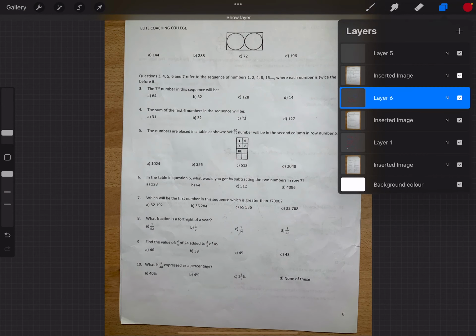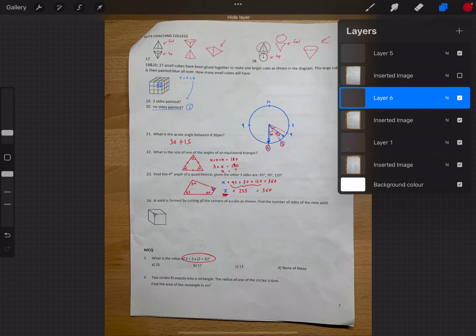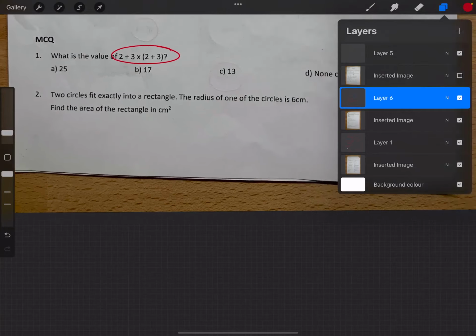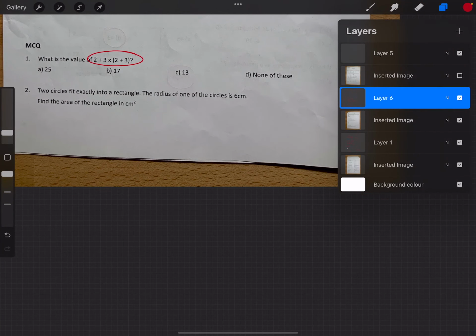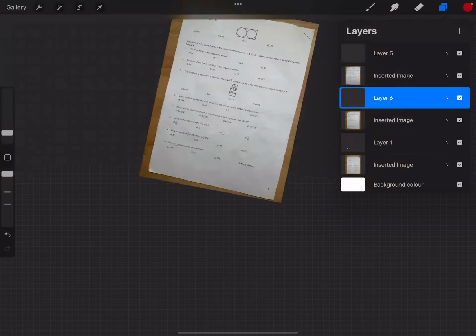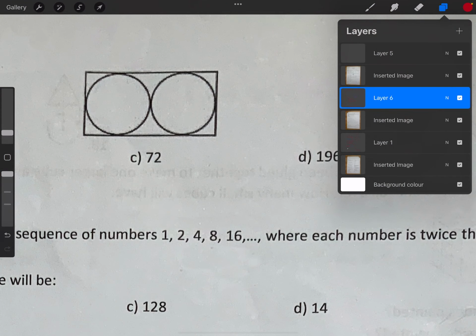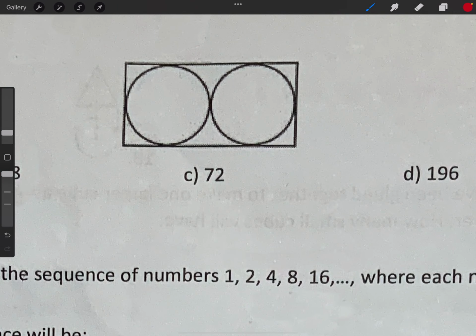Now next page. Let me read this one. It says 2 circles fit exactly into a rectangle. The radius of one of the circles is 6 centimeters. Find the area of the rectangle in centimeters squared. So let's go back to this picture and I'll show you what it means. So here's your diagram. These are the 2 identical circles.